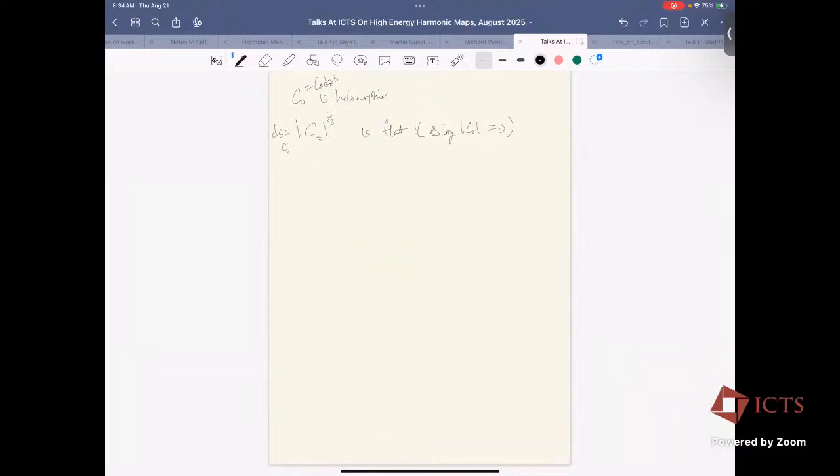So the point is that this is a flat metric, and everything I said was away from the zeros. So what happens at the zeros? It has cone angles of size 2 pi plus 2 pi over 3 times k at a zero of order k.